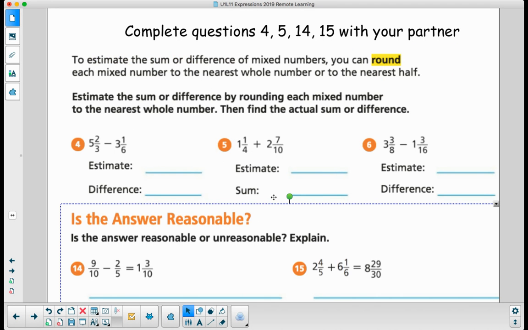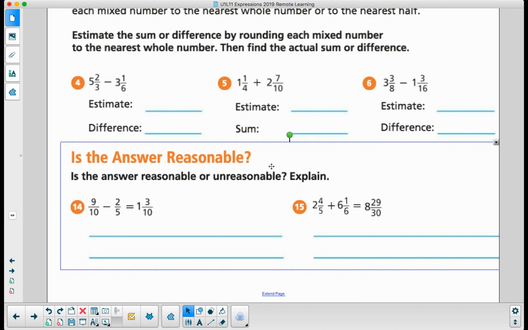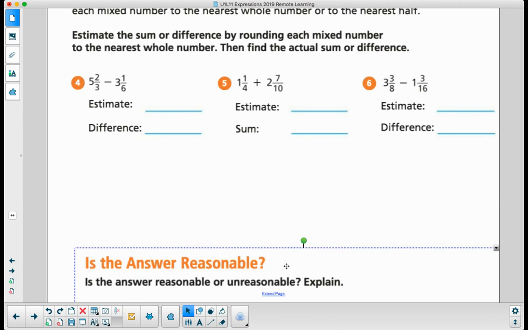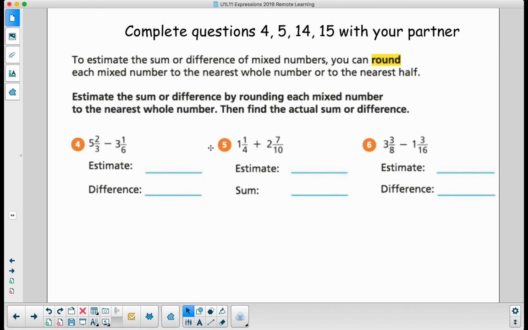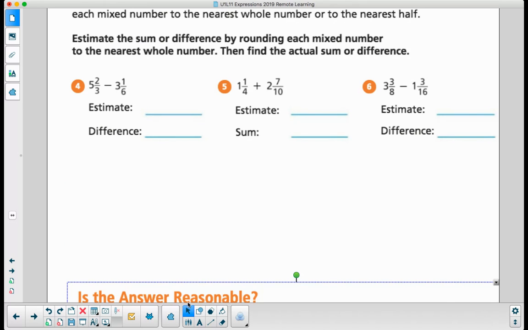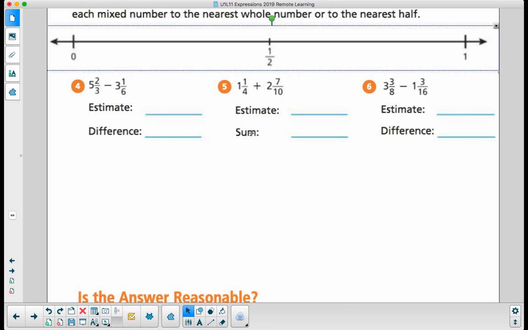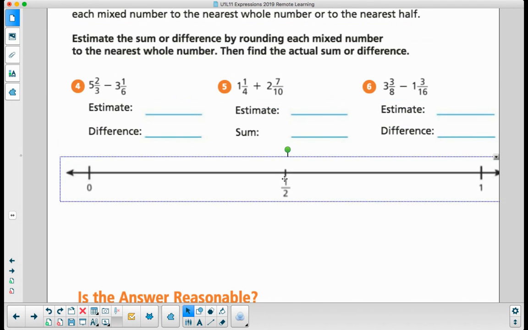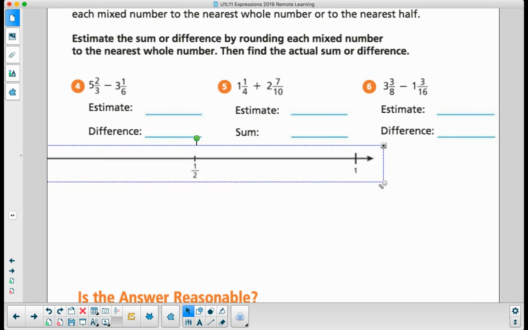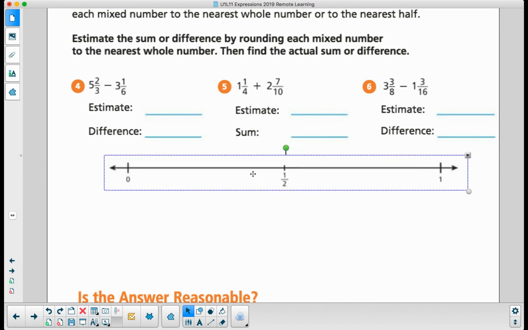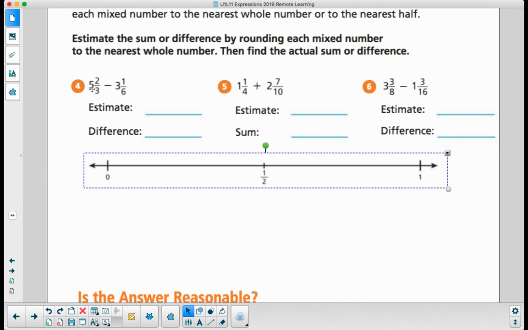All right. Whoa, it got big, didn't it? It's all right. We can scooch it down. Okay. 5 2/3 subtract 3 1/6.